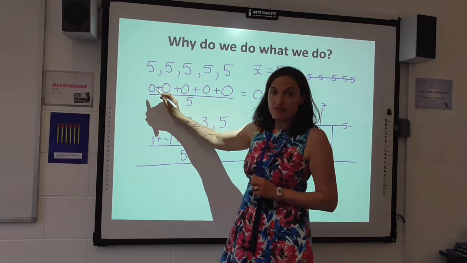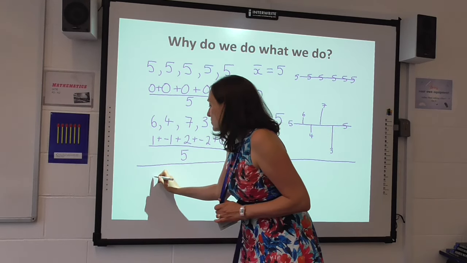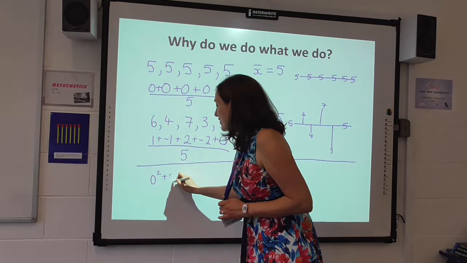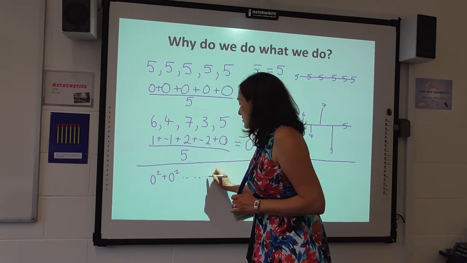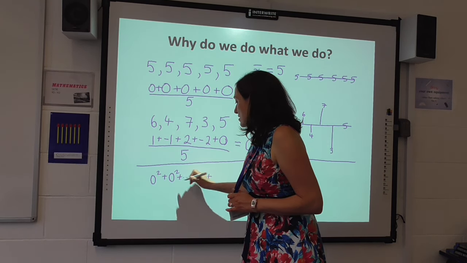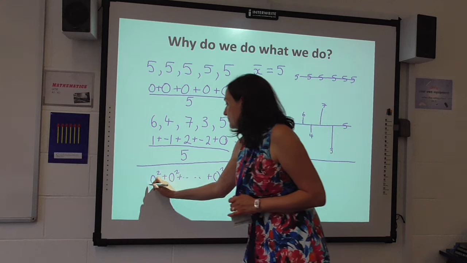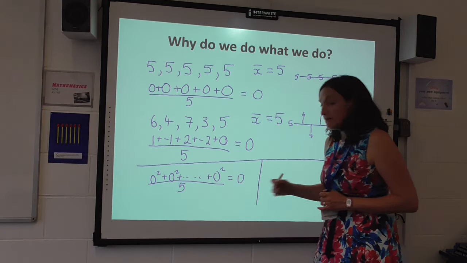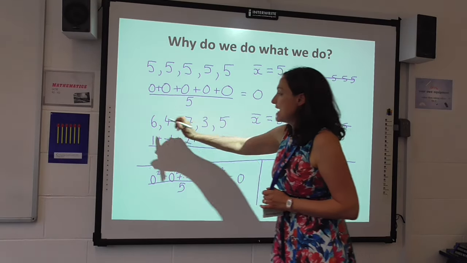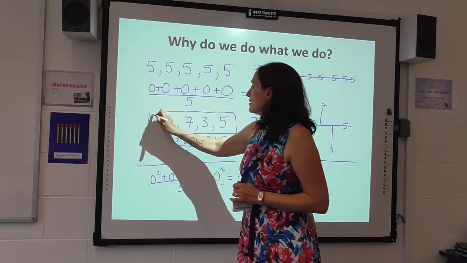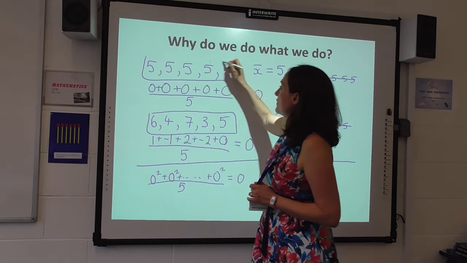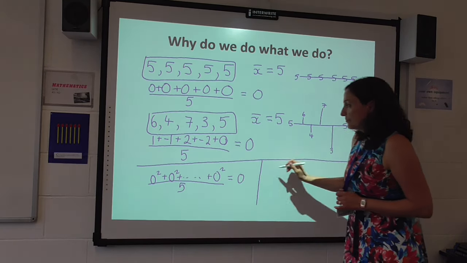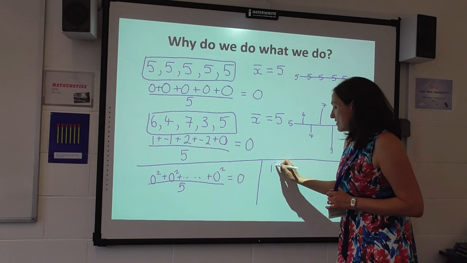Square the differences, it's relatively easy to see that we will still have 0 squared plus 0 squared plus 0 squared, still 0, so it's still a small variance, whereas for this data here, that was the 5, 5, 5, 5, 5.